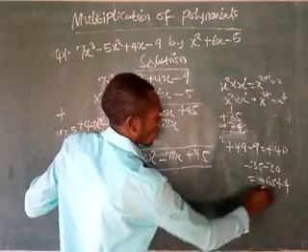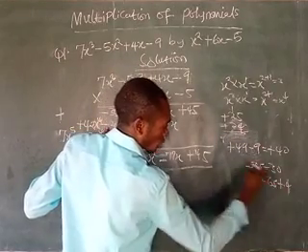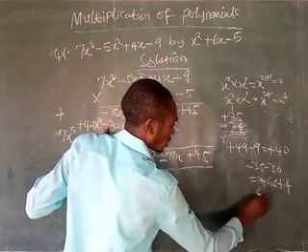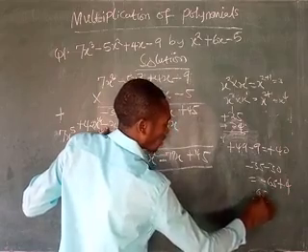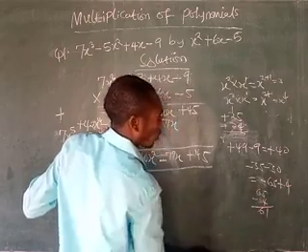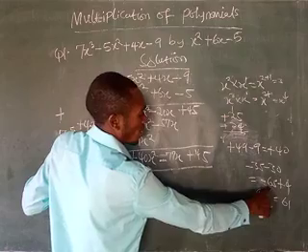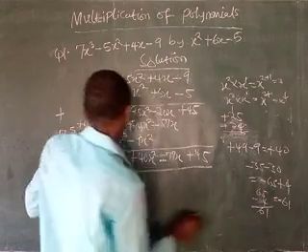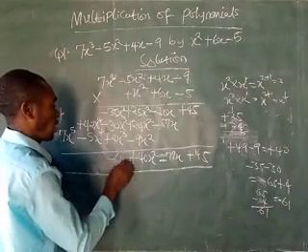Minus 65 plus 4. If you have a minus sign and a plus sign, that's what we said earlier, you subtract. So 65 minus 4 will give us 61. Now, the bigger number is 65 and it is carrying a minus sign. So our answer here will be minus 61x cubed.